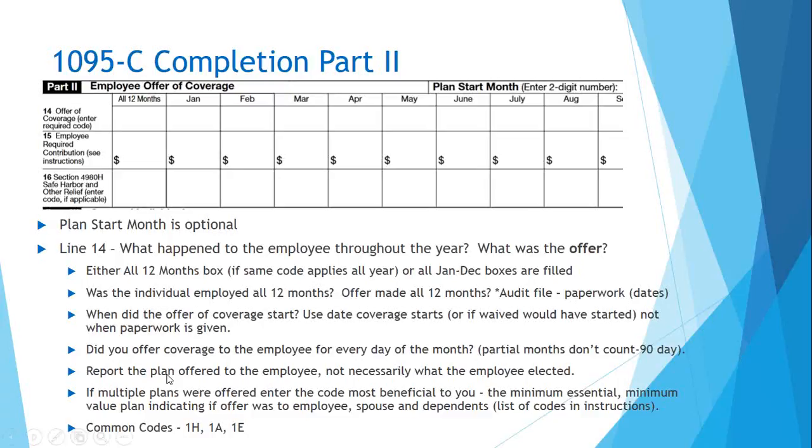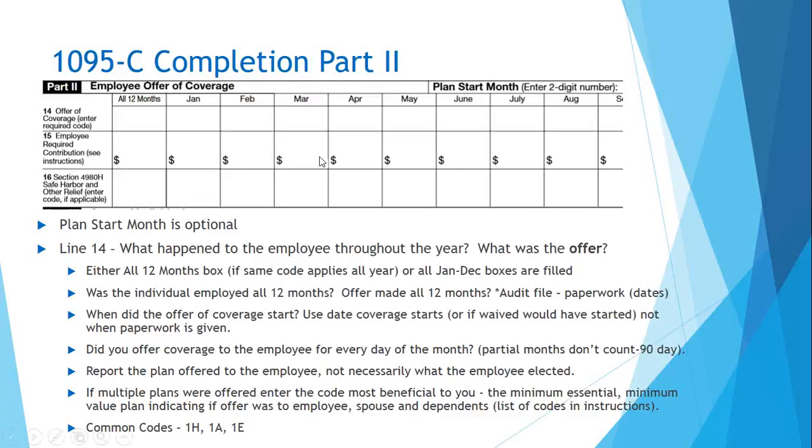So you need to know, when did the offer of coverage start? This isn't the date that you give the employee paperwork to sign up for benefits, but the date the coverage starts. So if you have a first of the month following 60-day waiting period and someone started like January 12th of 2016, their offer of coverage is going to show in April 1st.